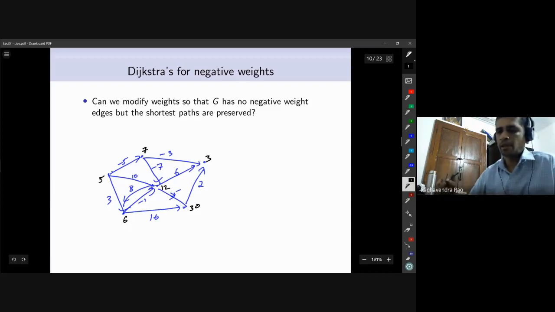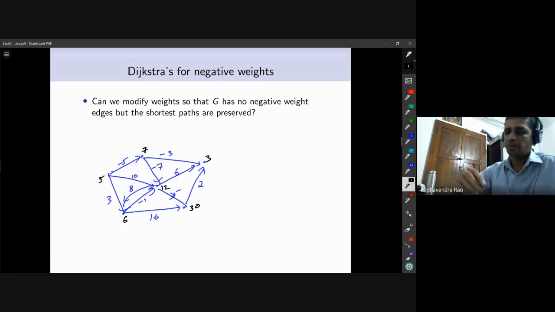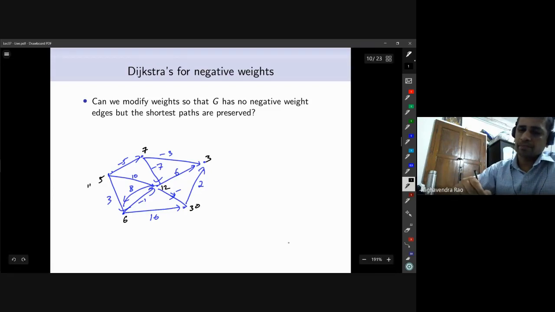These are the pi values. Let's say the vertices are A, B, C, D, E, F.